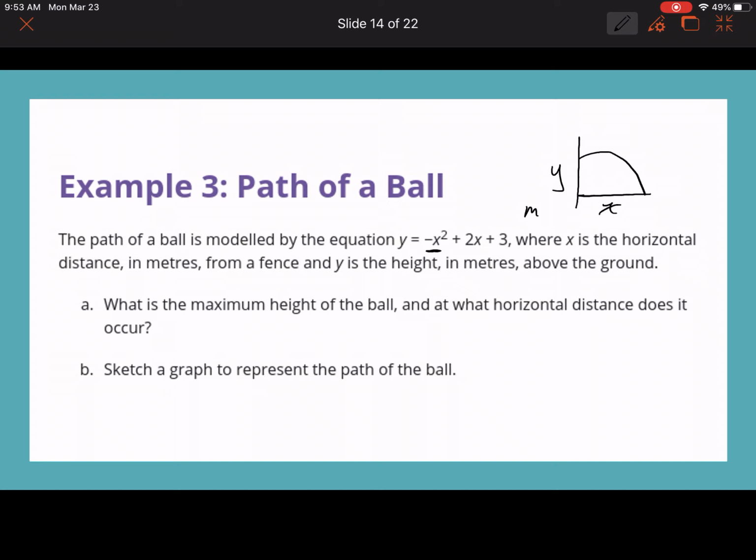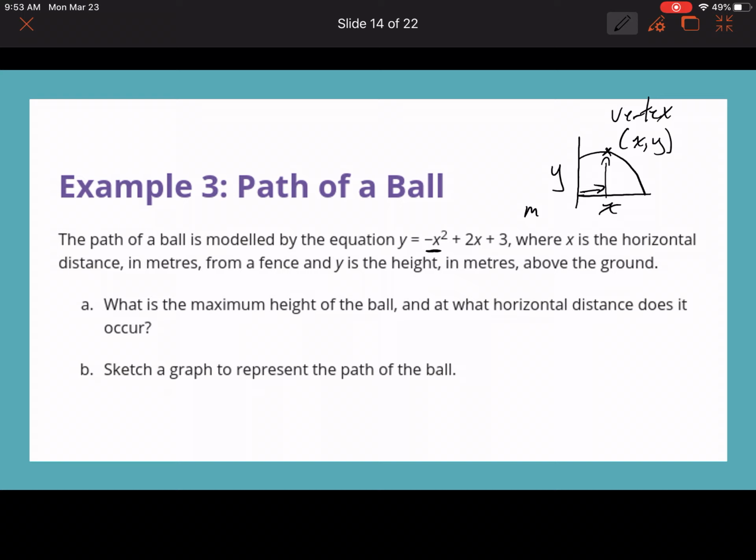So what are we asking there? What is the max height? We want to know how high it is at that point and how far from the throwing did it reach that. So really what we want to know is our vertex. If you're confused with the question, it's probably asking you for the vertex.